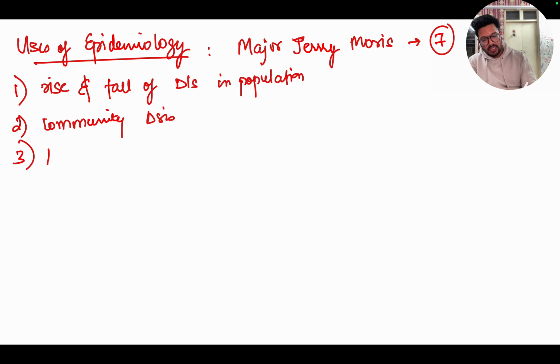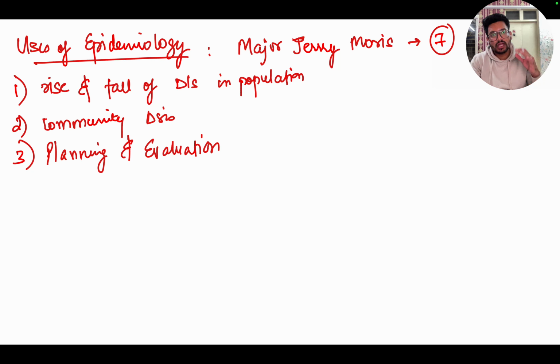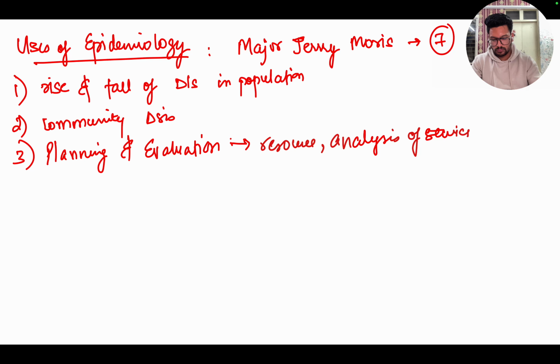The third one is planning and evaluation, in which we evaluate the working of health services, how the health services are performing. It basically begins with determination of resources, analysis of services, and appraisal. The fourth important one is evaluation of individuals' risk and chances.